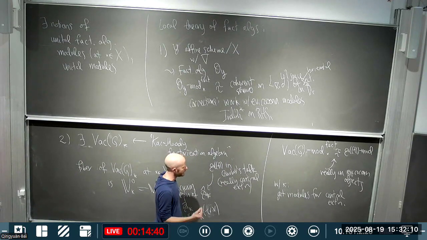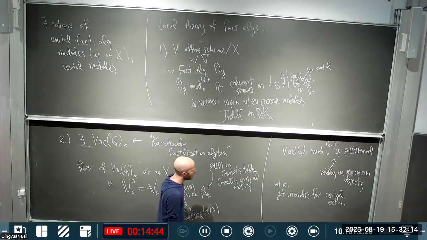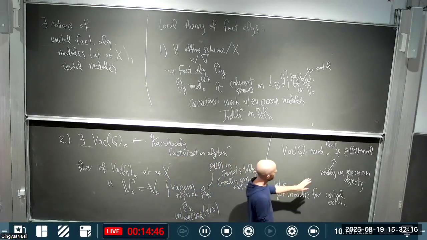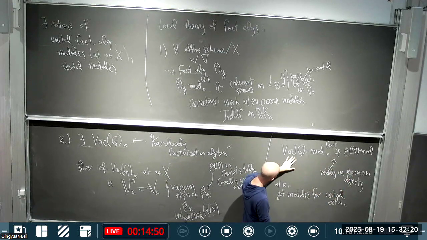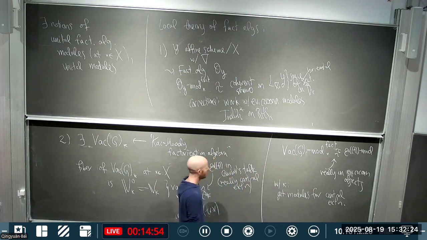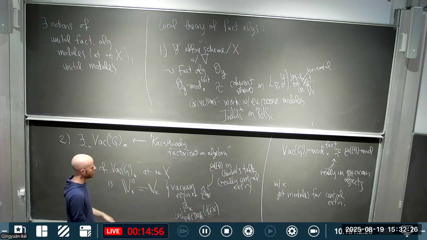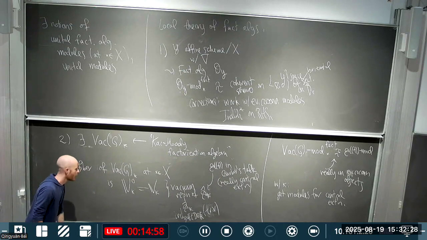That was one of the things that really attracted me to the subject: you take this big object and it turns out it's encoded in something much, much smaller, but with a sophisticated notion of algebra structure.